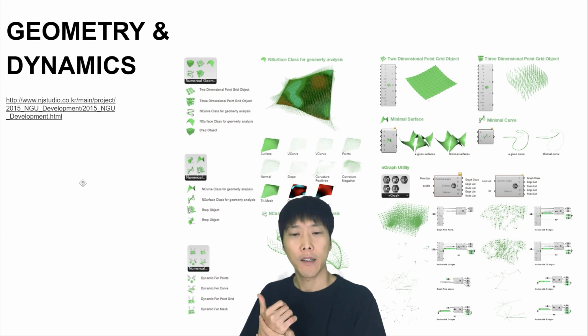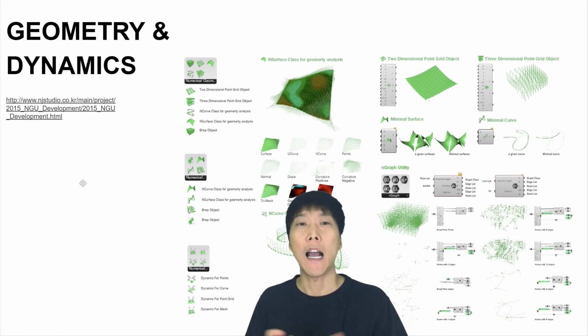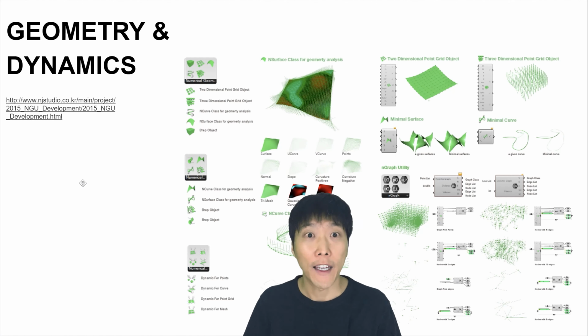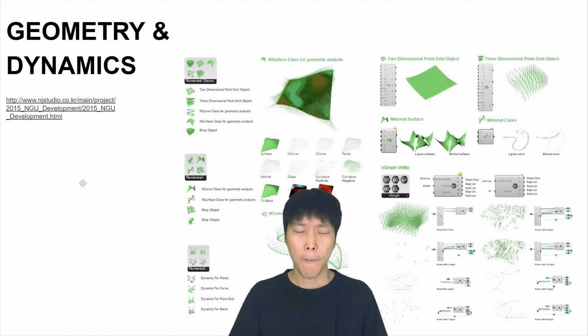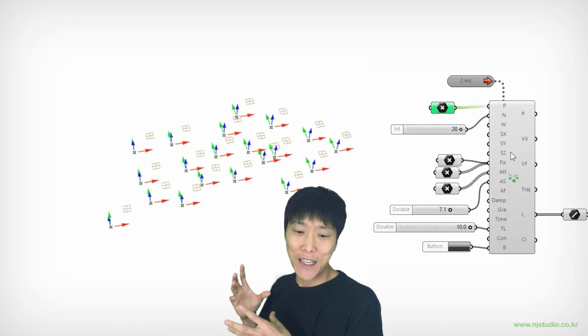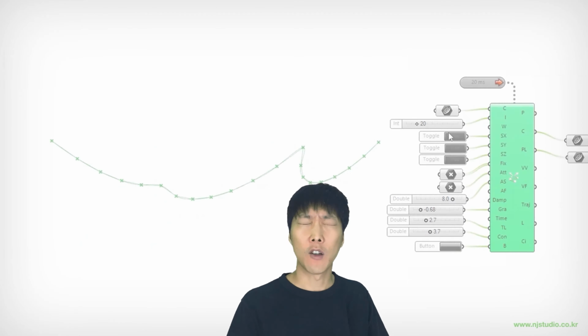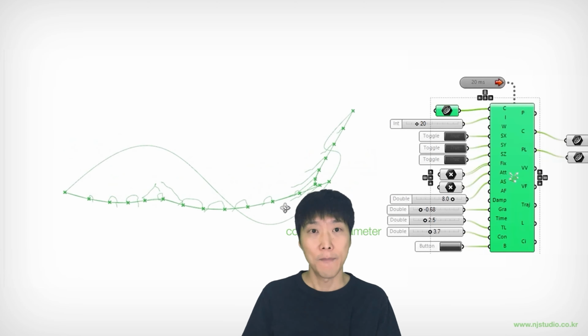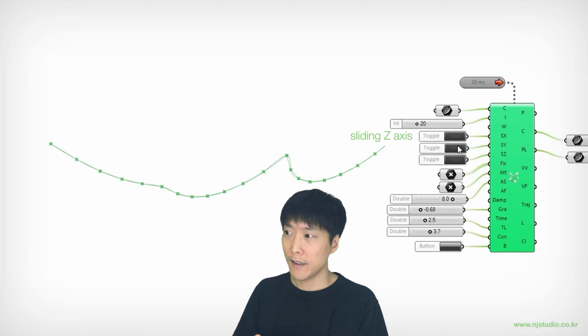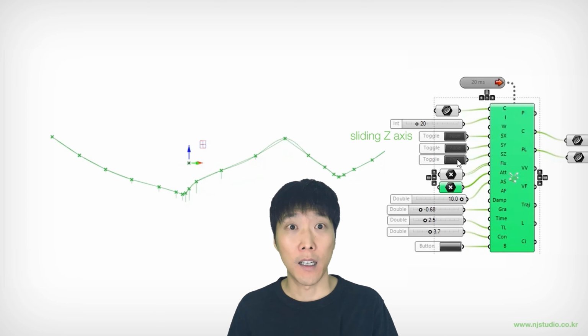This is a plugin I developed. You can download it from Food for Rhino. Geometry is the most essential and basic ingredient or resource, because you are a designer, right? You're going to make something in space. So in this context, we must understand the geometry concept.